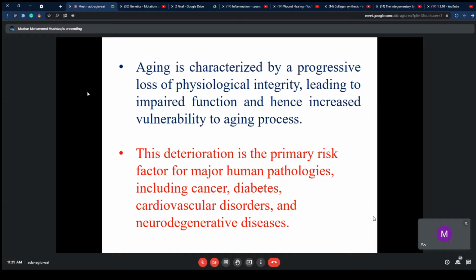This is a primary risk factor for major human pathology. So once you have aging, then you will end up with some other problem, some other human pathology. For example, as you go older, the probability of having cancer, diabetes, cardiovascular disorder, neurodegenerative diseases increases.